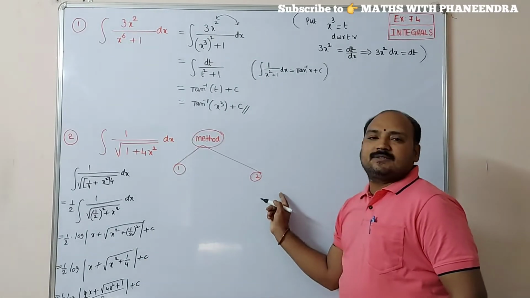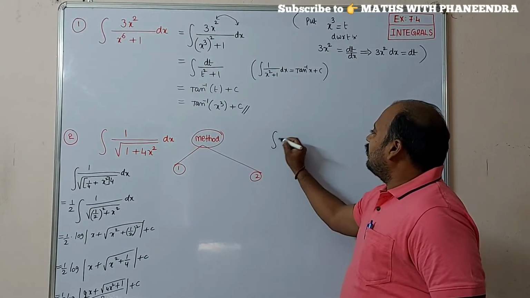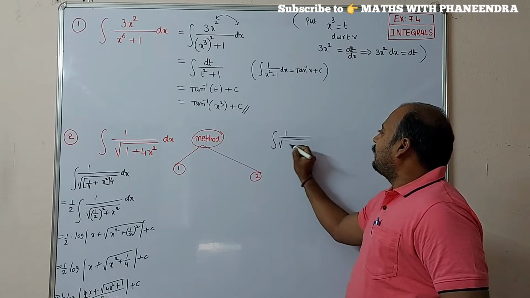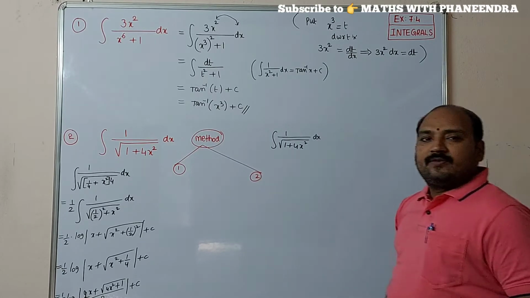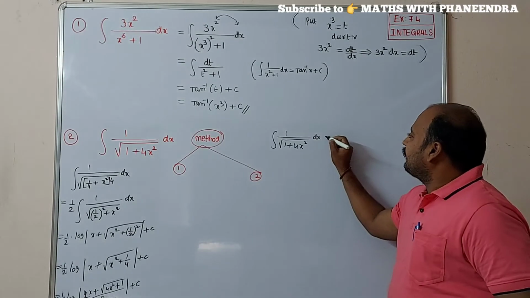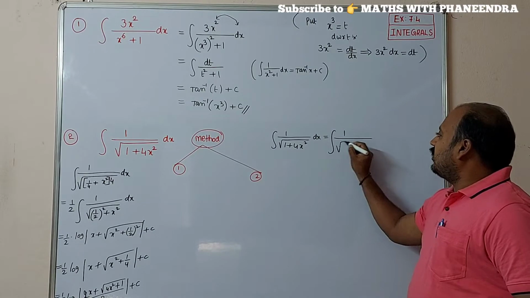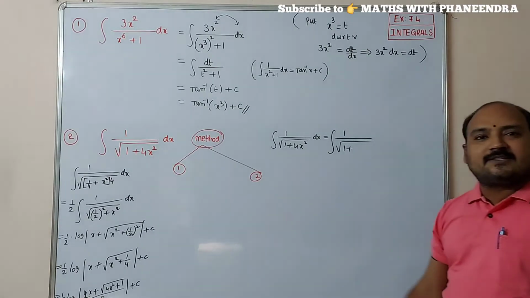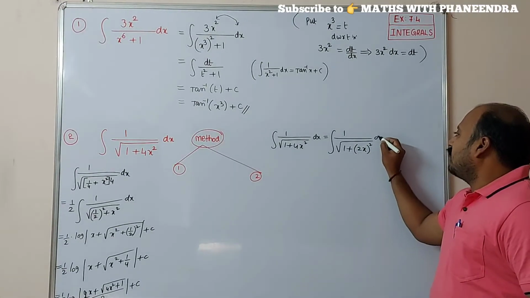Whereas coming to this, the given integral 1 by square root of 1 plus 4x square dx. First this can be written as integral 1 by square root of 1 plus 2x whole square into dx.